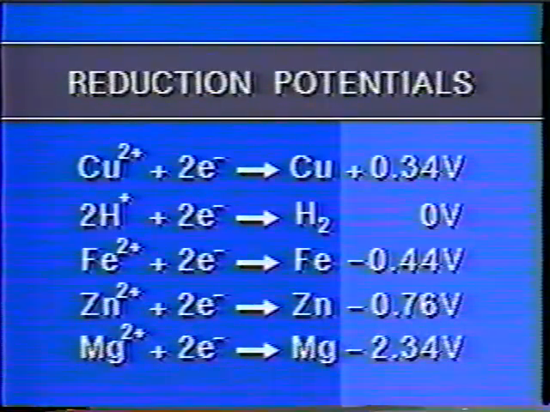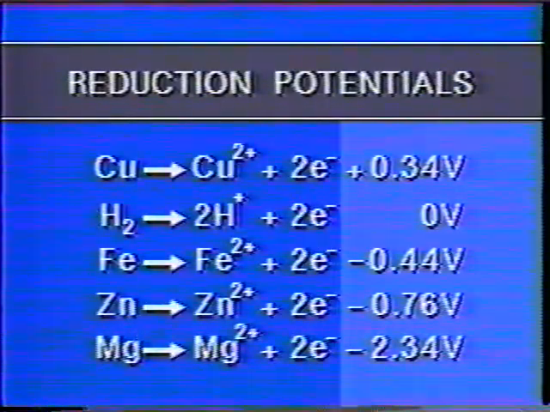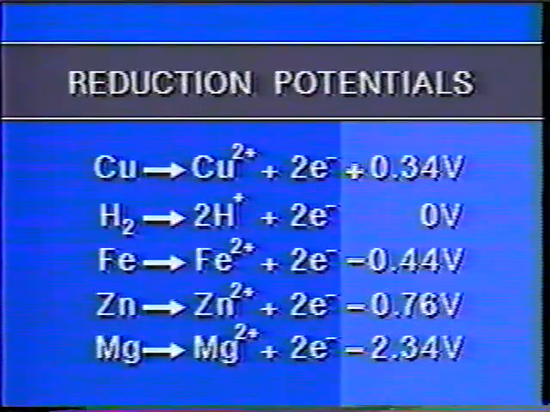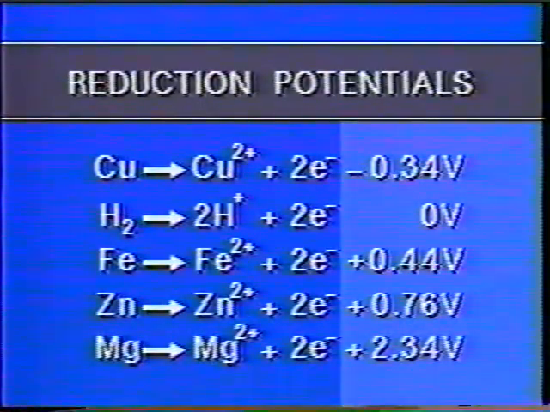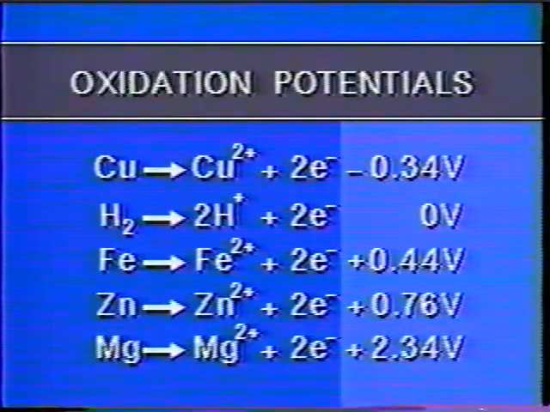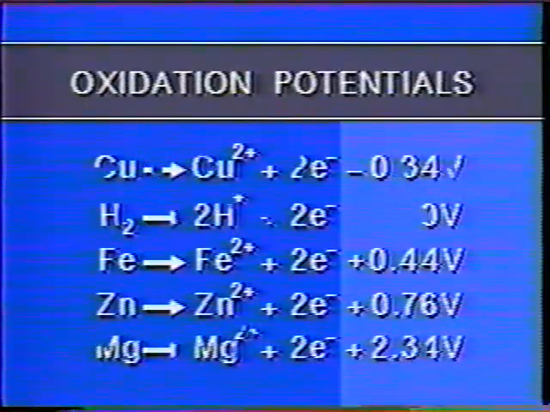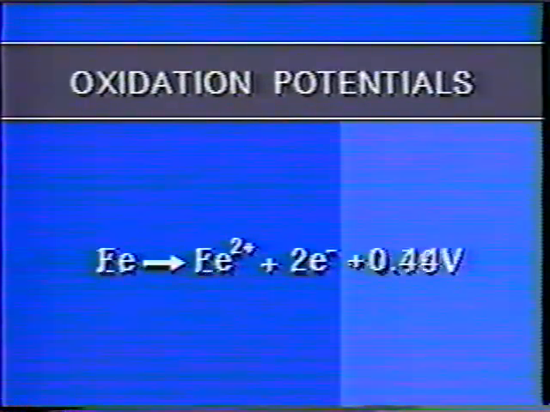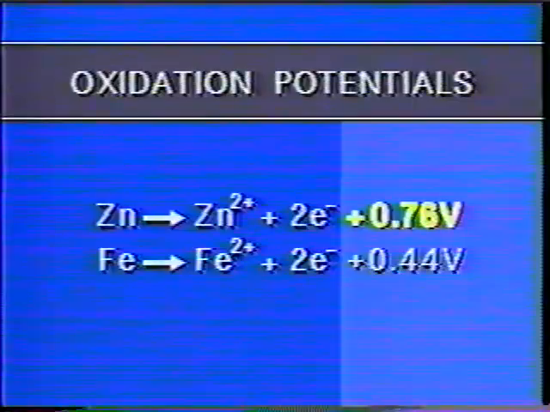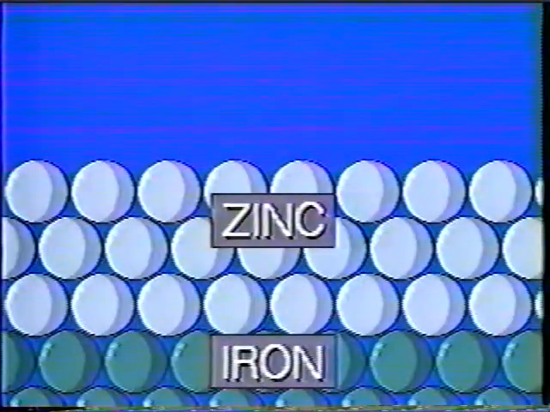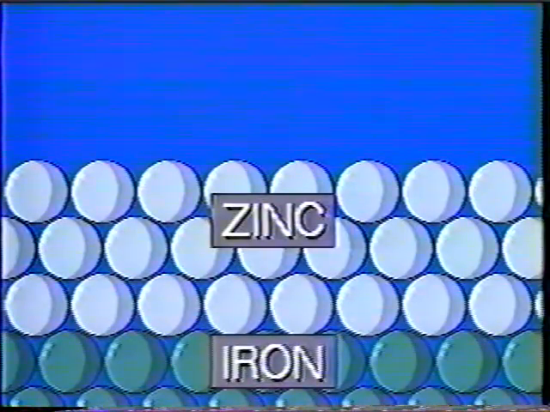Since we are considering oxidation reactions, reverse the equations and reverse the signs on the potentials. Then we can compare oxidation potentials. Zinc's potential to oxidize is higher than that of iron. And that's what happens. Oxygen reacts with the zinc to form zinc oxide.